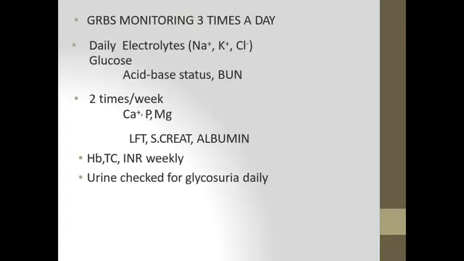Blood sugar monitoring is done 3 times a day, and daily electrolytes. Calcium and magnesium are done twice weekly. LFT, creatinine, albumin, hemoglobin and INR are done on a weekly basis. Urine is checked regularly for glycosuria.